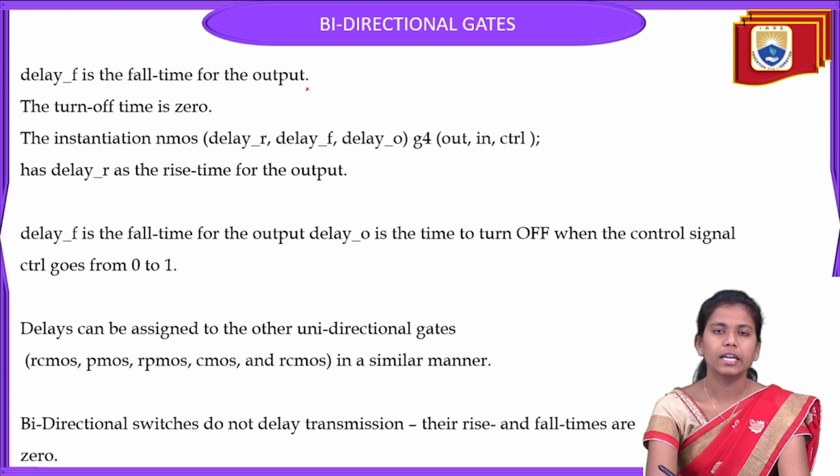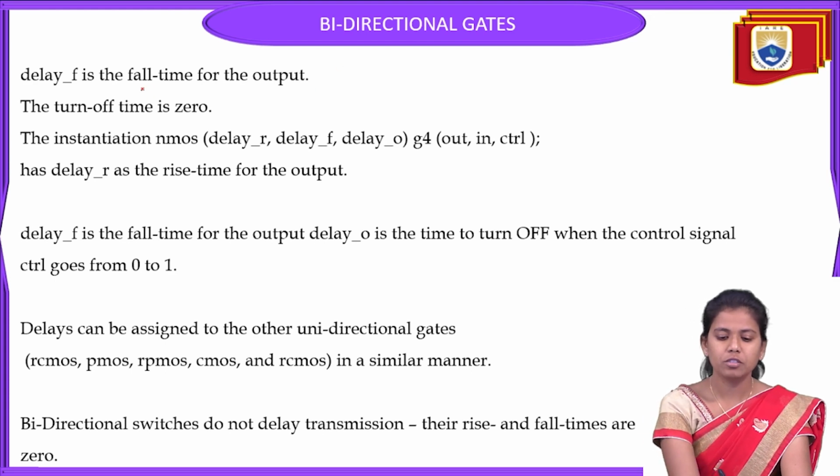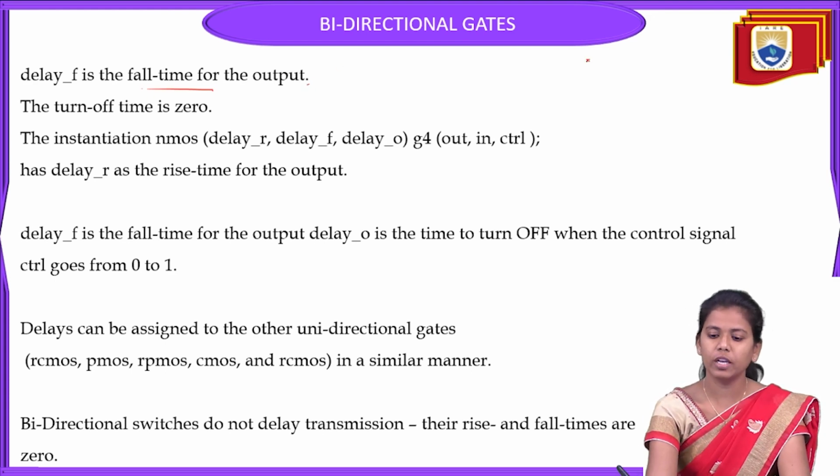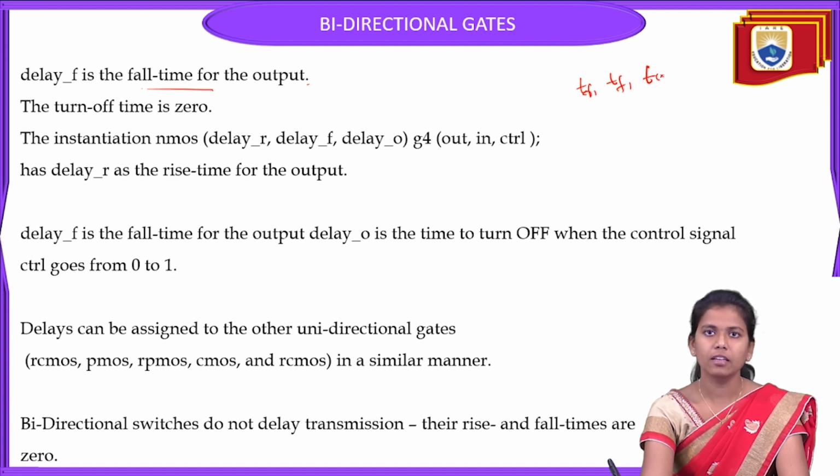Delay F is for the fall time of the output. Usually we represent TR, TF and T off time. If the delay is with respect to rise time, this is how we represent it, and with respect to fall, this is how we represent it.